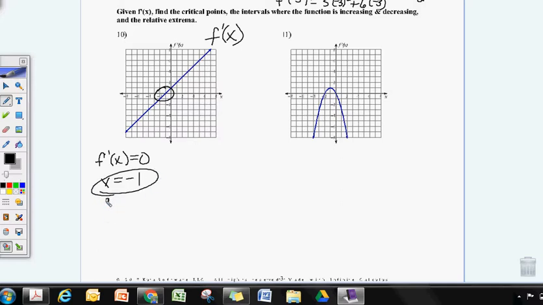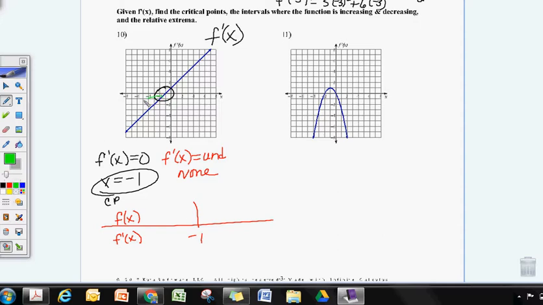That is my critical point, because I would also ask, where is the derivative undefined? Does it have any holes, any breaks, any asymptotes? And you'd tell me none. Okay, so on my f of x chart and my f prime of x chart, I have -1.